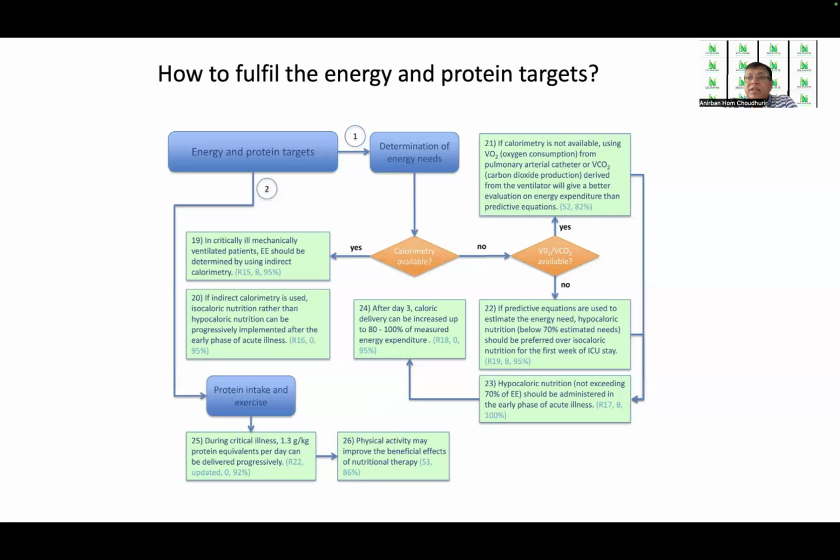Now, this is based upon 2 trials, the EPANIC trial and the EDEN trial, where they both found that the predicted body weight-based calculations slightly tend to overestimate the needs. This has no bearing on the overall outcome, but can lead to some complications in the short term.